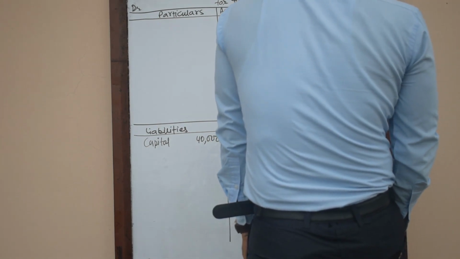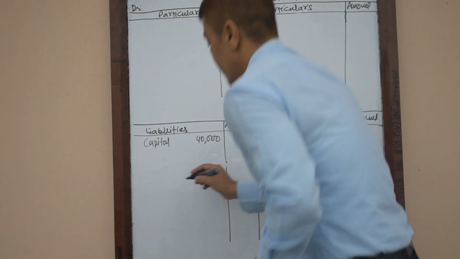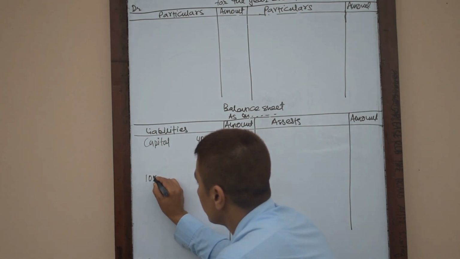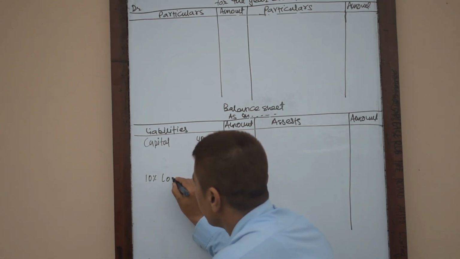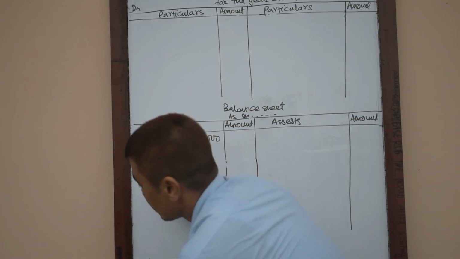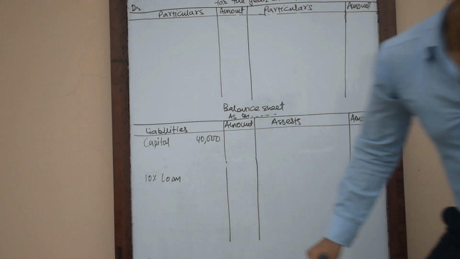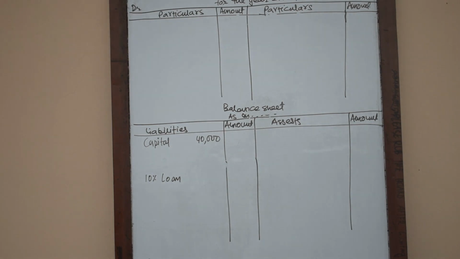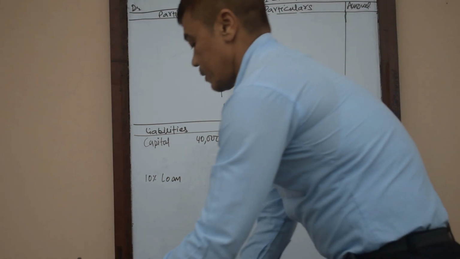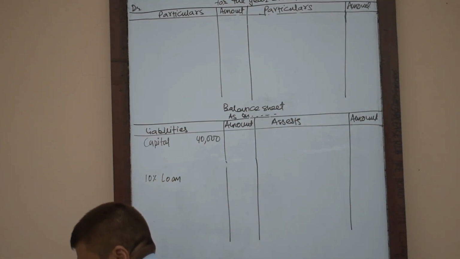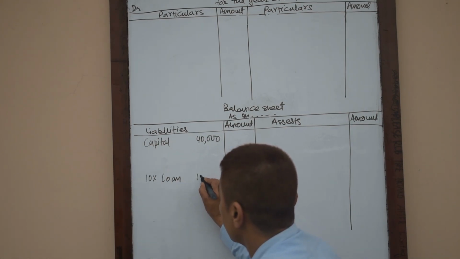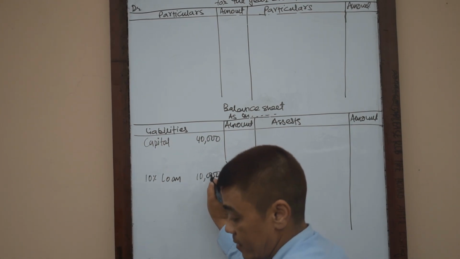And after that, a 10% loan is given, so I'm writing here 10% loan, 10,000.